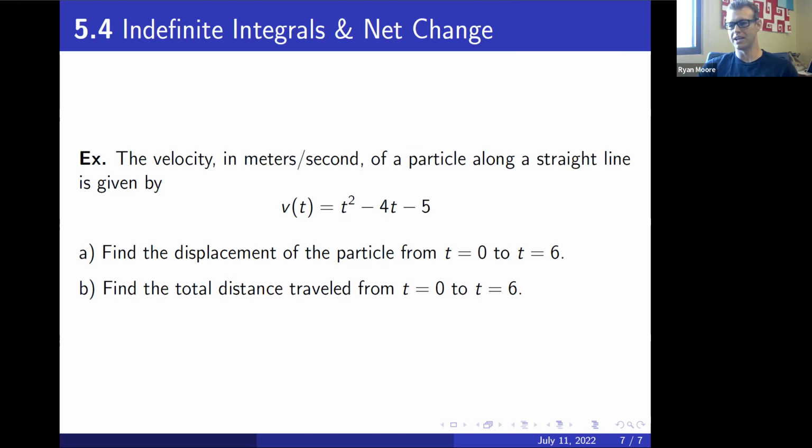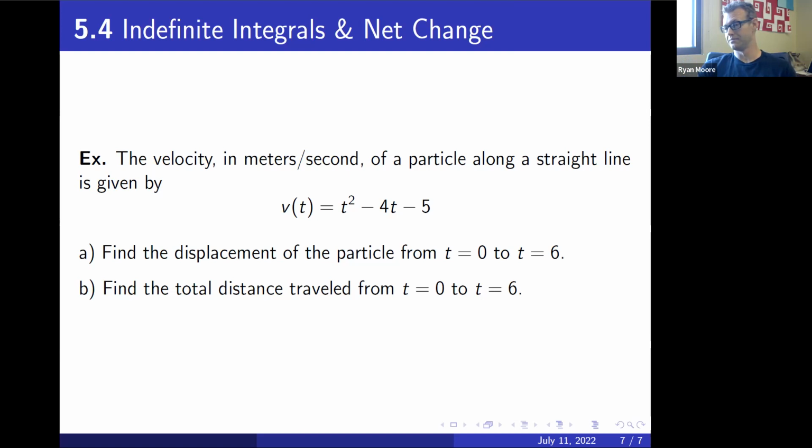Just imagine a straight line and an infinitely small particle moving to the left, moving to the right, changing its direction, its velocity. Just keep things real simple for our example here. Part A, find the displacement of the particle from t equals 0 to t equals 6. And part B, find the total distance traveled.